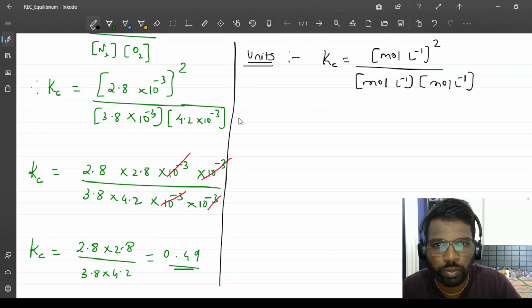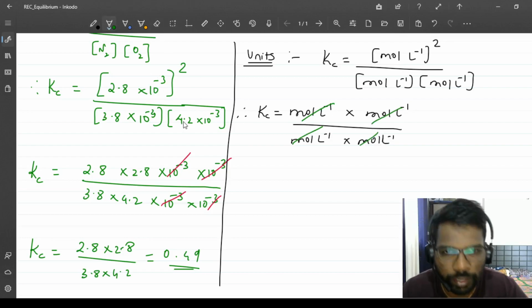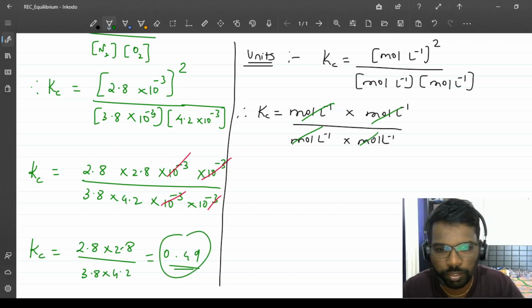So for Kc, on the top I'm writing moles per liter into moles per liter since it is squared. In the denominator there is no unit for this. So this will get cancelled. So this is the answer.